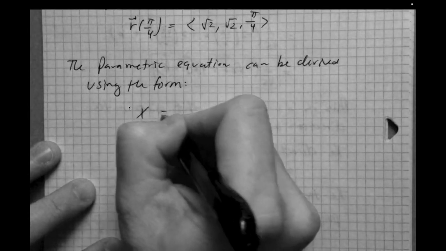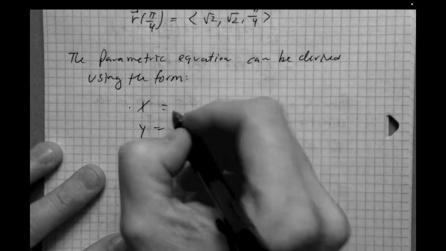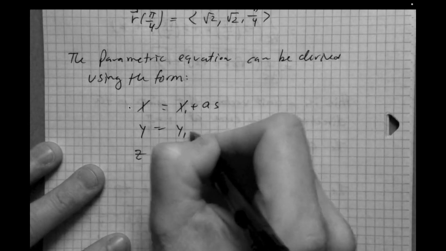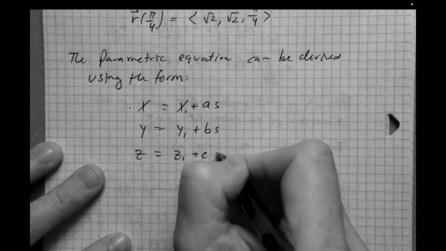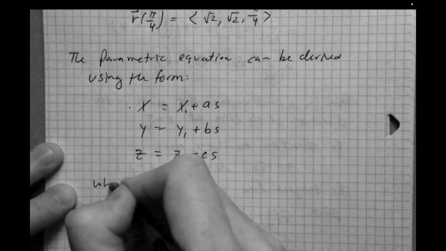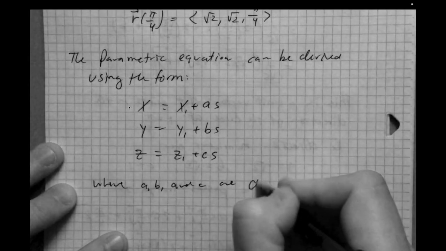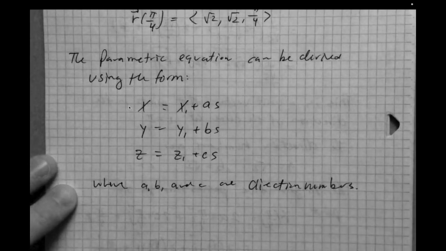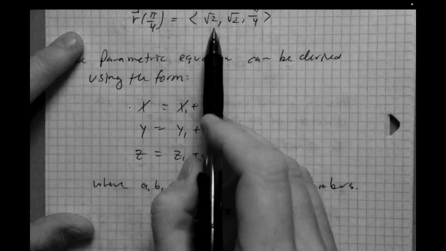Okay, so it'll be x equals, y equals, and then z equals, and it'll be what? x1 plus a times s, y1 plus b times s, and then z1 plus c times s, where a, b, and c are direction numbers, right? And we can plug these in, right? x1, y1, z1, that's just this guy.